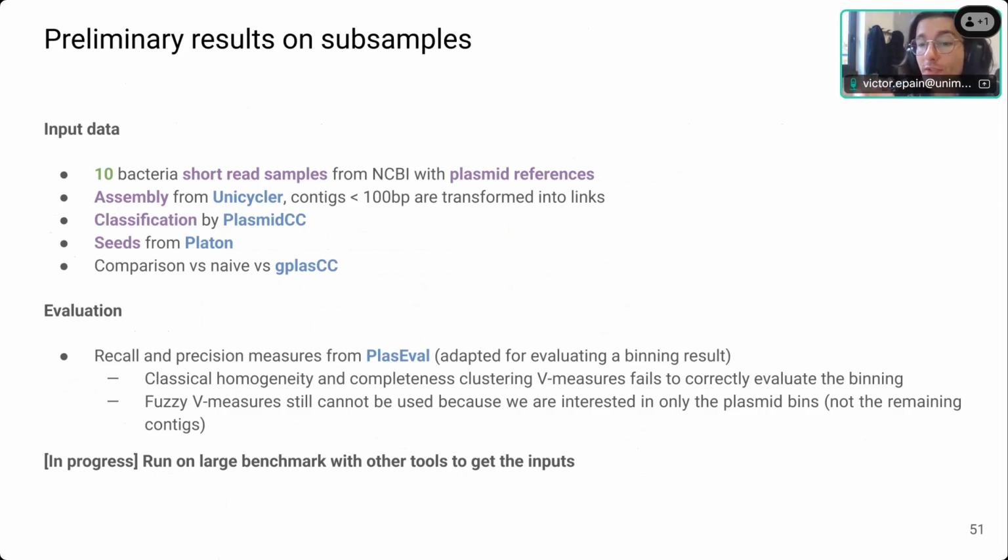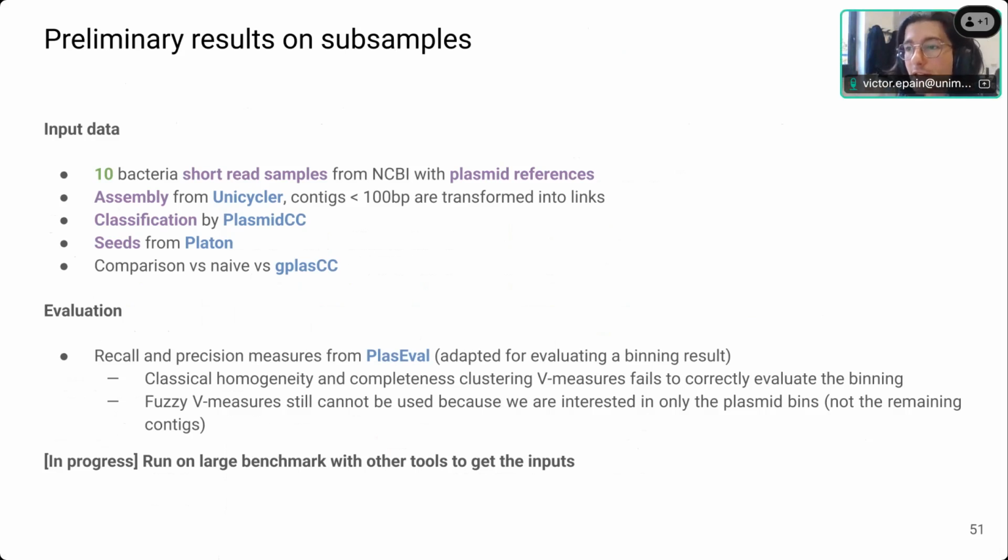This is not the case here. A contig can be shared between different groups, and we cannot directly adapt the fuzzy V-measures, because we're only interested in evaluating the plasmid bins, not the remaining contigs. And you have a really large set of remaining contigs from the chromosome or from viruses. It can bias the statistics a lot.